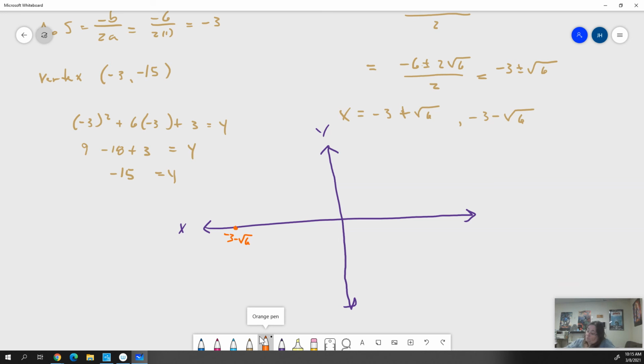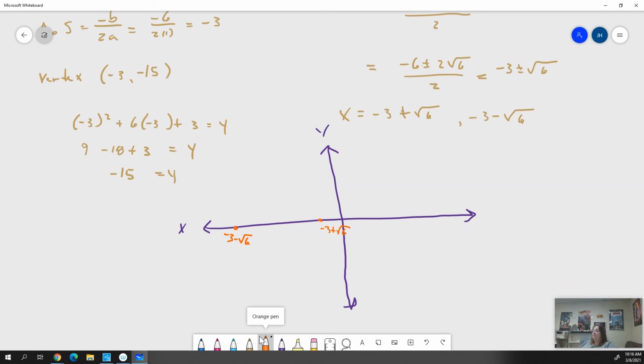I just need to know if it's more than or less than 3 so I know which side of the equation it's on. So I'm going to just check. It's 2.4 something. So it's still going to be on this side because it's less than 3. So we have another point here at minus 3 plus the square root of 6.